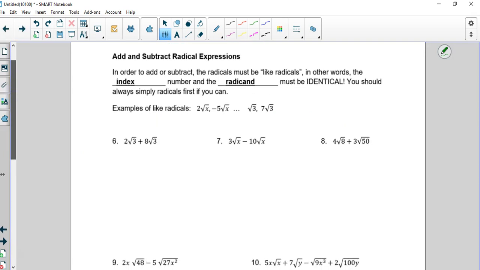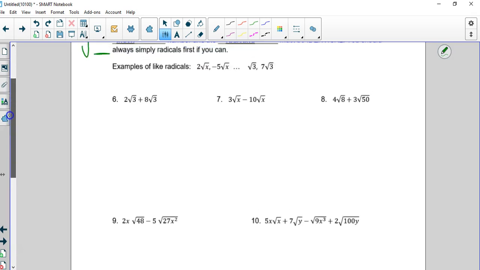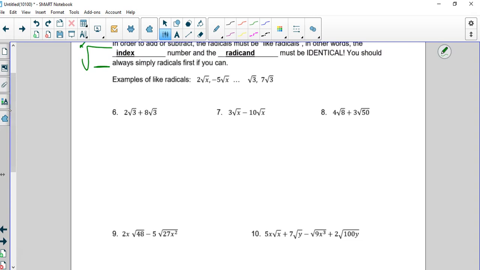Okay, adding and subtracting. In order to add or subtract, radicals must be like radicals. In other words, the index number, that's the little number up here, and the radicand, which is in here, must be identical. You should always simplify it first if you can. Okay, think about it this way. 2x plus 8x is 10x.